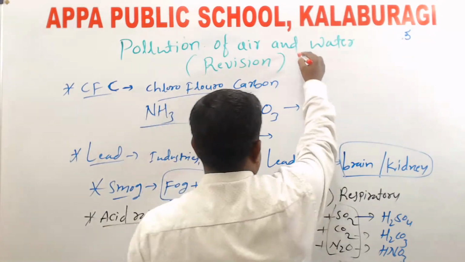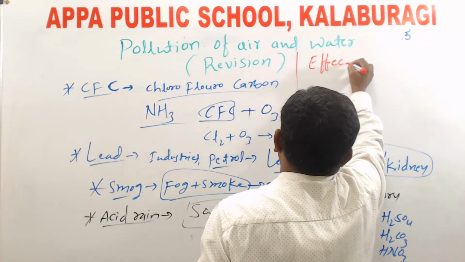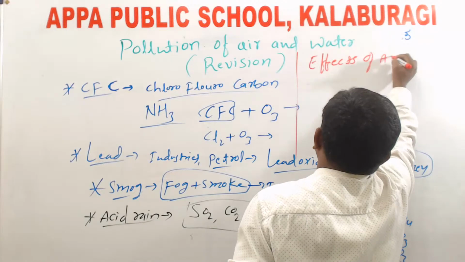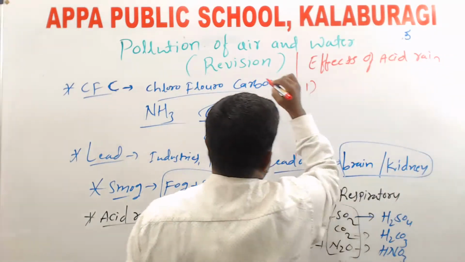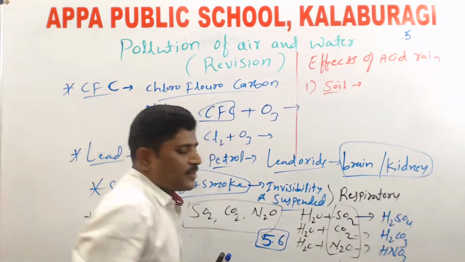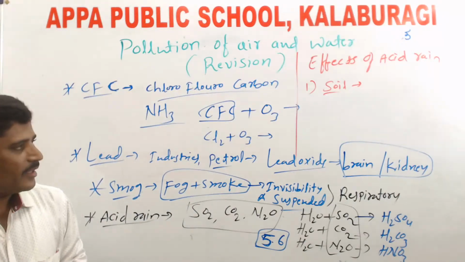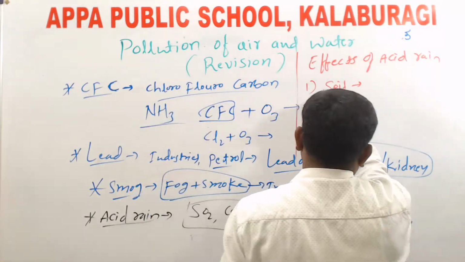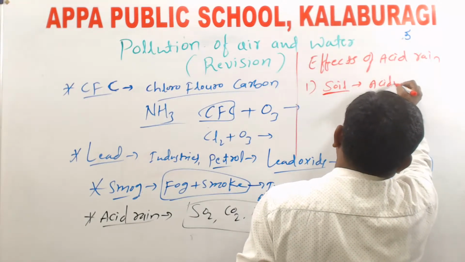Effects of acid rain. First point, it affects soil. How? When it rains, acid reaches the soil directly and the soil becomes completely acidified.